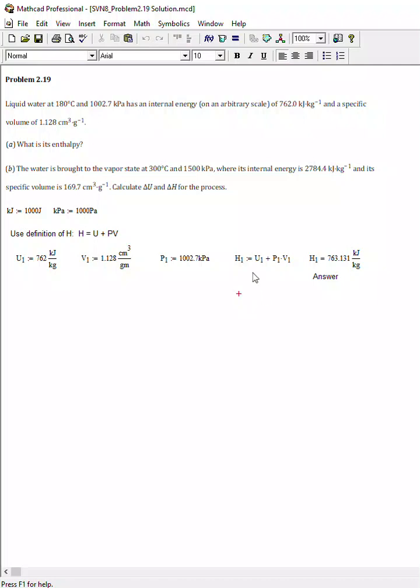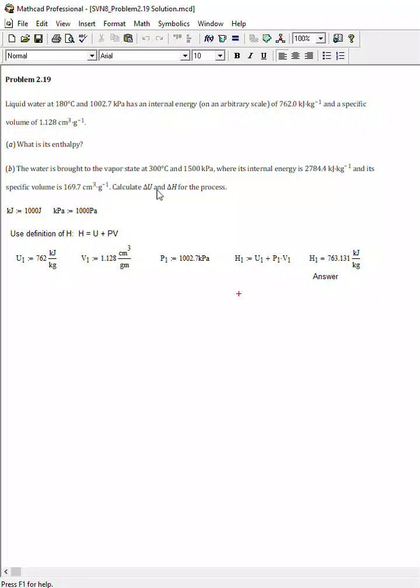Notice the nice thing about MathCAD is that it does the units for us. It does a conversion from centimeters cubed per gram to meters cubed per kilogram, and it also converts kilopascals to Newtons, or kilogram meter per second squared, per meter squared. And so the answer is given to us right there.